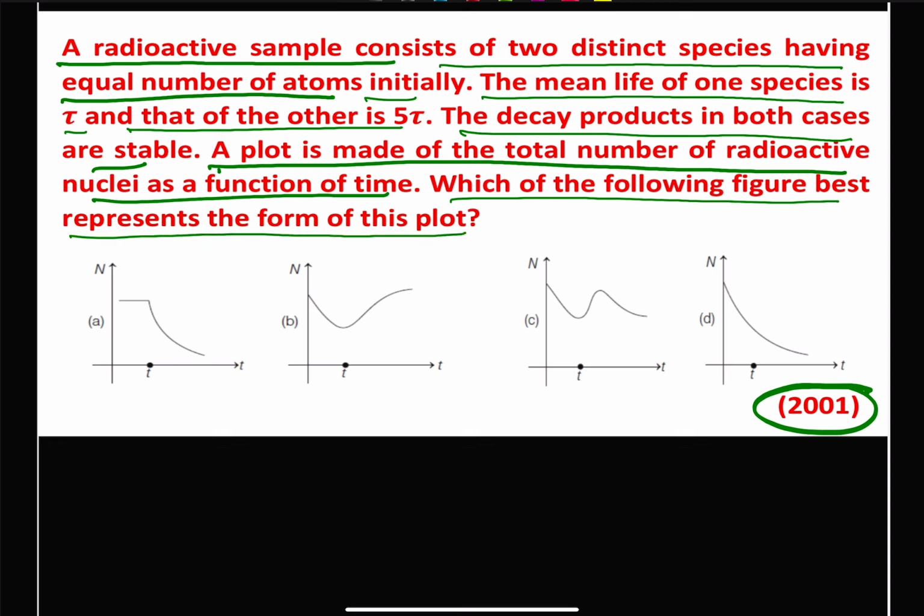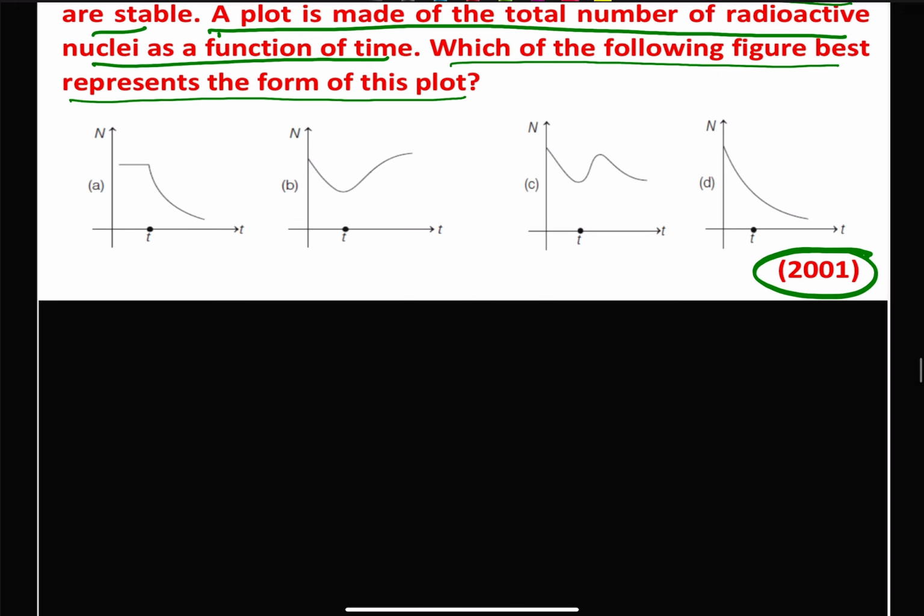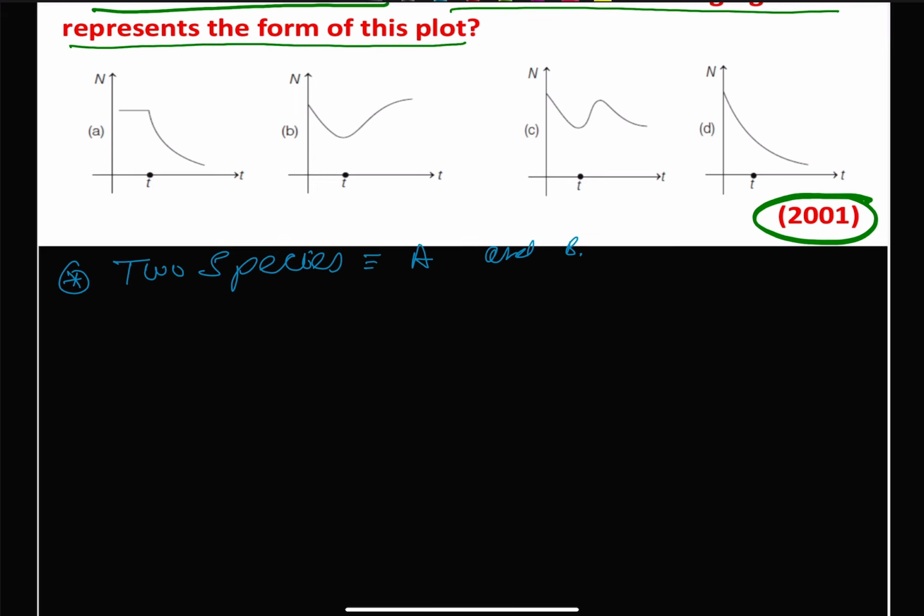So in this case, we are given that two species are there. Let us call them species A and species B. And initially it is said they are equal, so we can say Na naught will be equal to Nb naught. And their mean life is given.